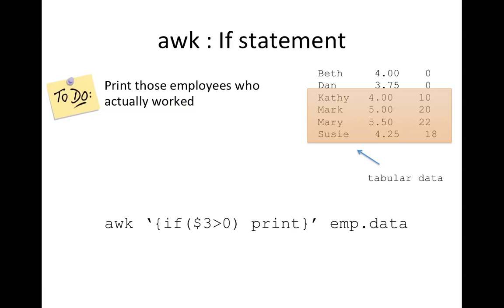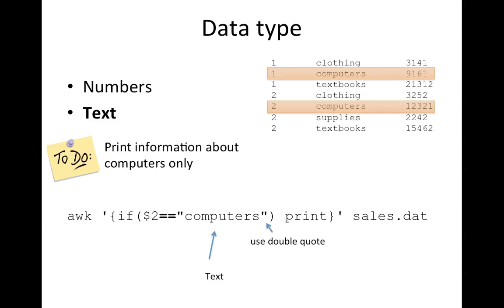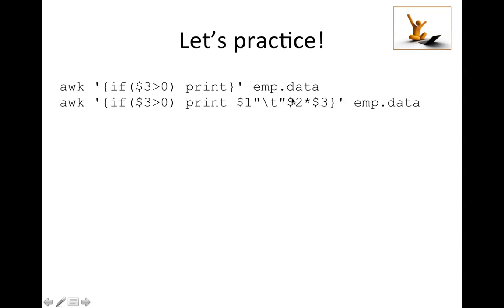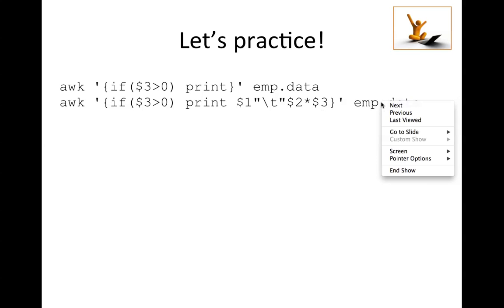Pay rate. Okay, so basically we want to multiply the element from column number 2 by column number 3, right? So we will have the name of the person and how much we pay, right? Okay, so let's try it.